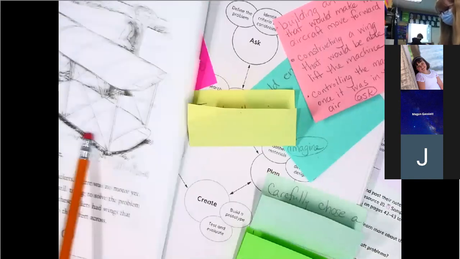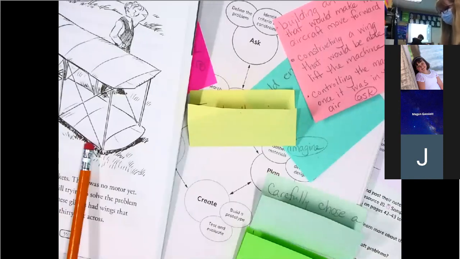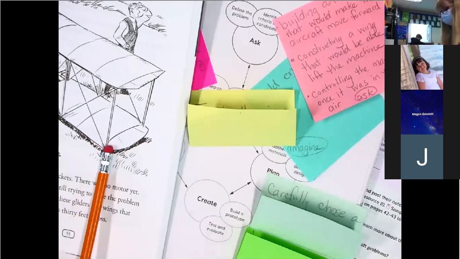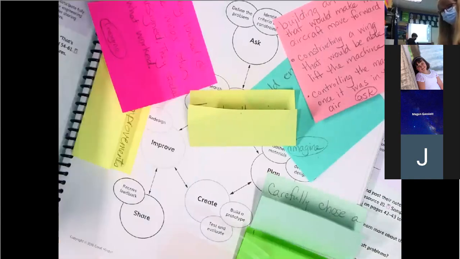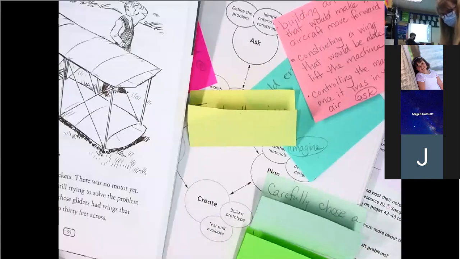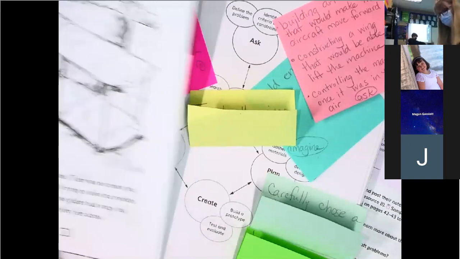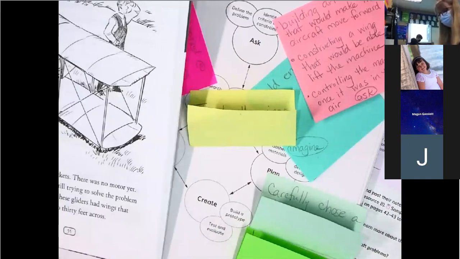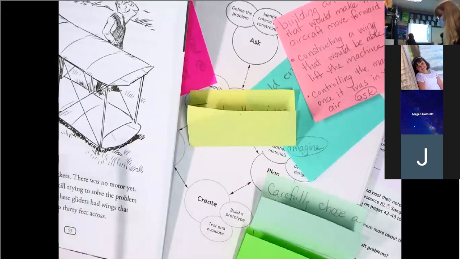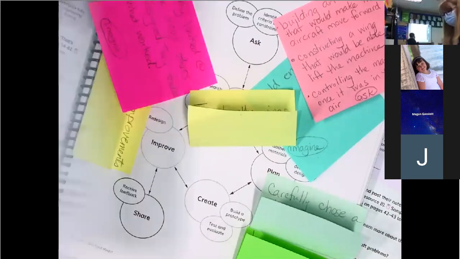We see that in the picture. And they tested it for 3 years. Then that was create. Then the fact that they were testing it for 3 years meant that they were redesigning it in between all those tests. So they were improving it for 3 years also.